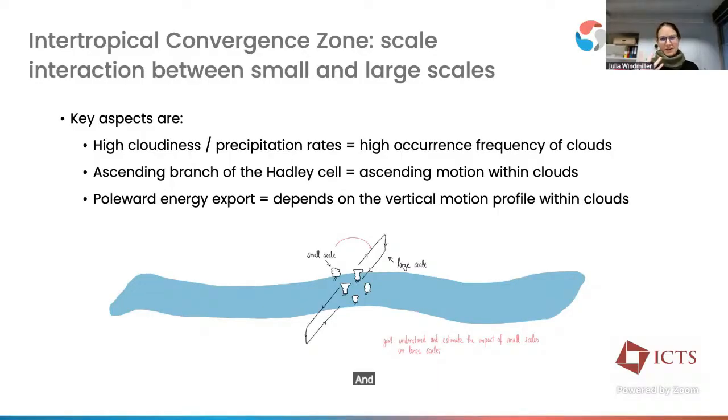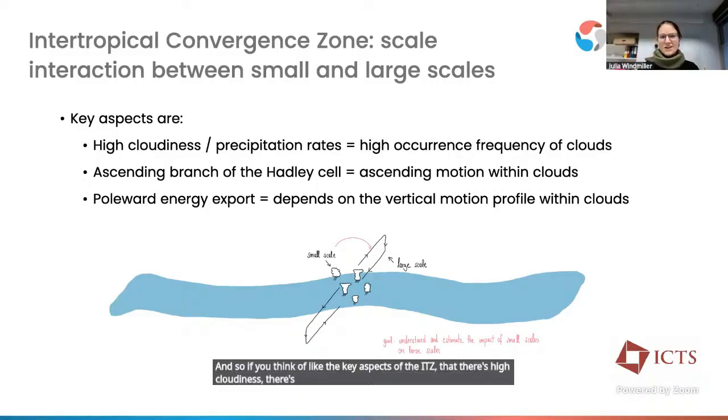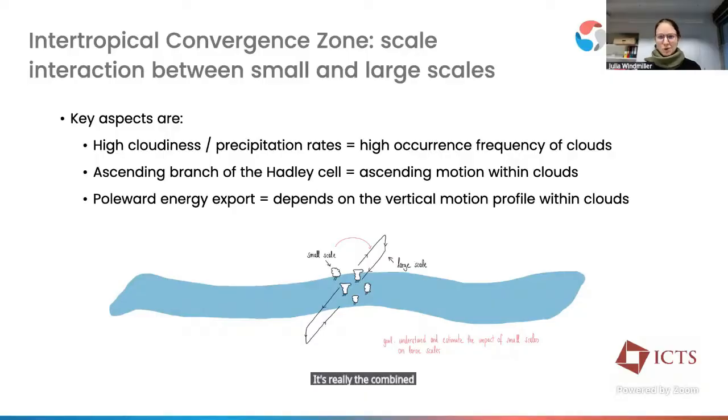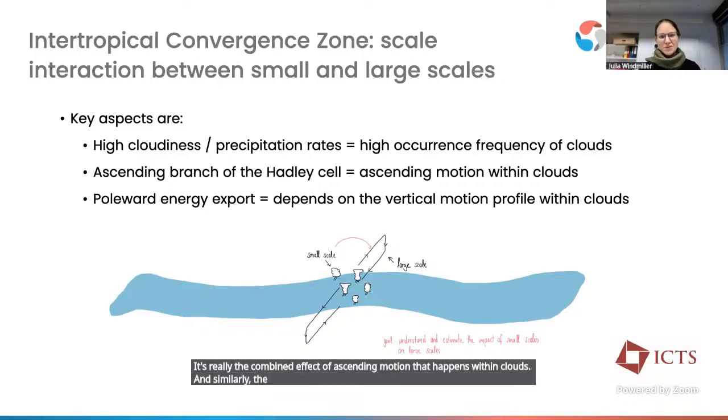If you think of the key aspects of the ITCZ, that there's high cloudiness and high precipitation, that just translates to a high occurrence frequency of clouds, and the ascending branch of the Hadley cell is really the combined effect of ascending motion within clouds. Similarly, the poleward energy transport, we said before, depends on a vertical motion profile, and the vertical motion profile is basically set by the vertical motion profile within the clouds.